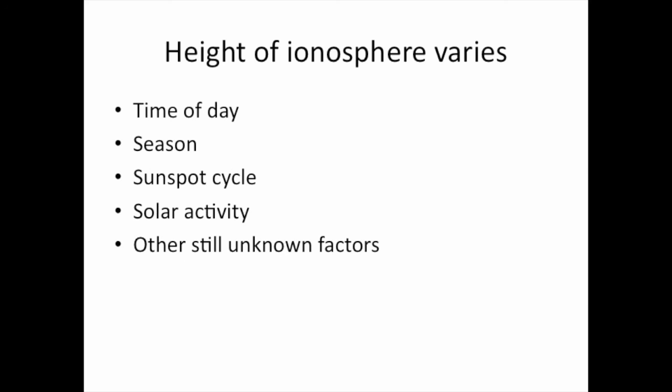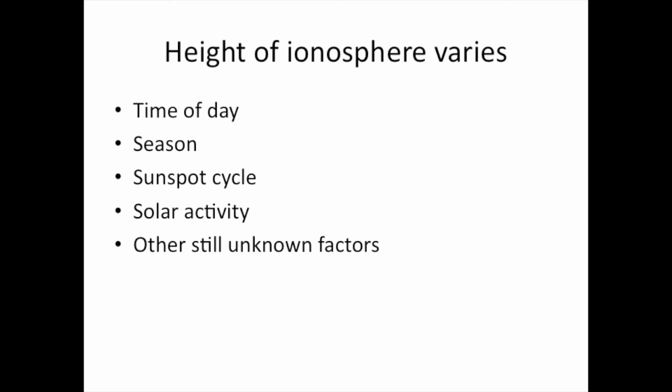Now we know that the height of the ionosphere plays a big part in how far you're going to be able to communicate, what your single hop distance is going to be. The height of the ionosphere varies with the time of day. It varies with the season, whether it's fall, winter, spring, or summer. It varies with the 11-year sunspot cycle, it varies with solar activity.